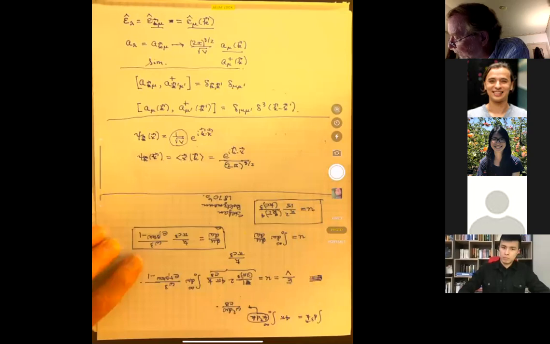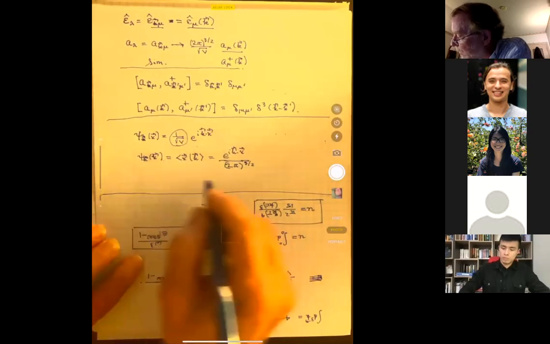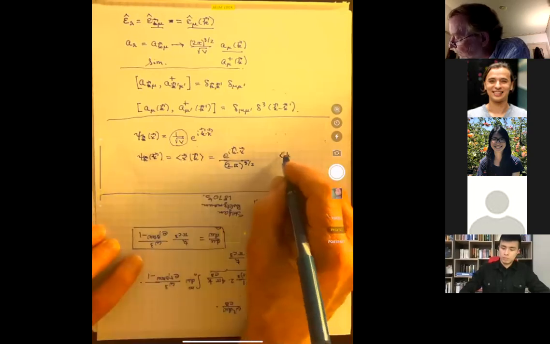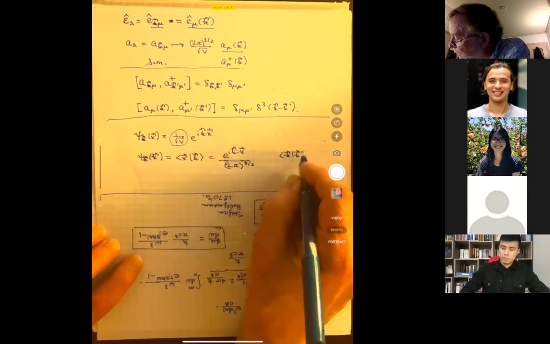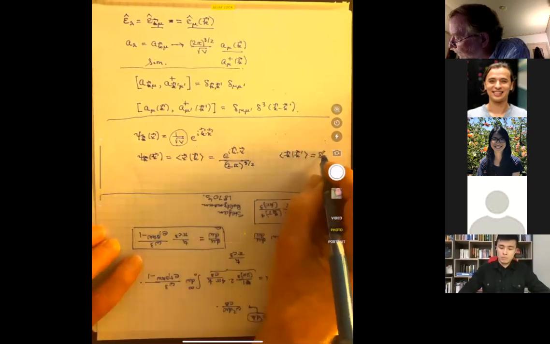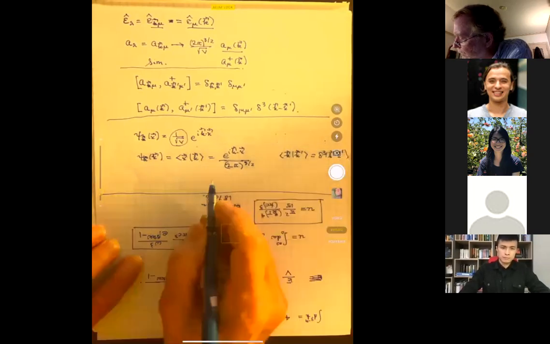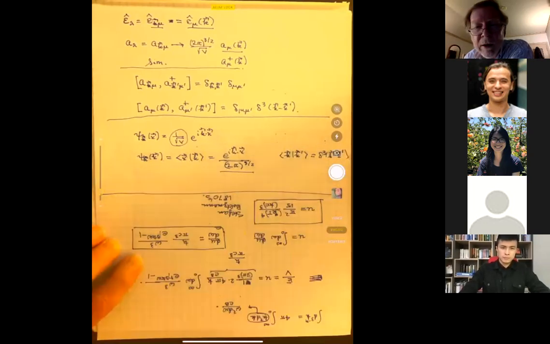And this has the property that the scalar product with k' is a delta function in k. But this wave function no longer represents the state of a physical particle because its norm is infinite. It's not normalizable. Real wave functions are normalizable, and this one is not.